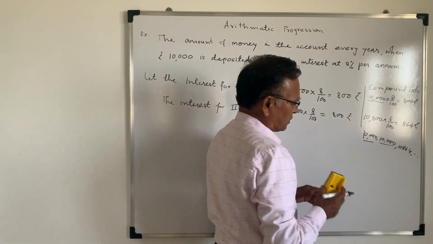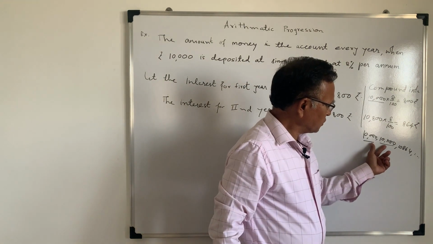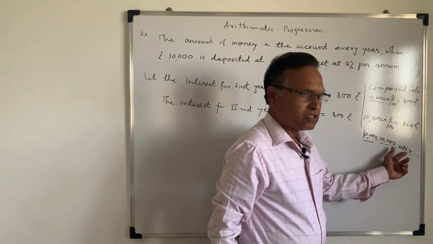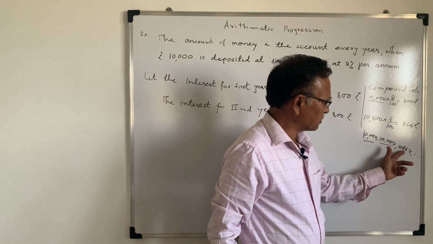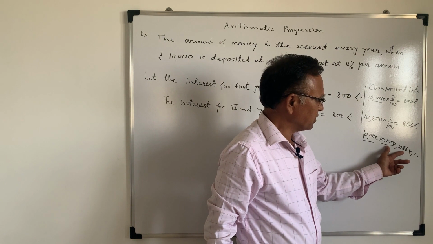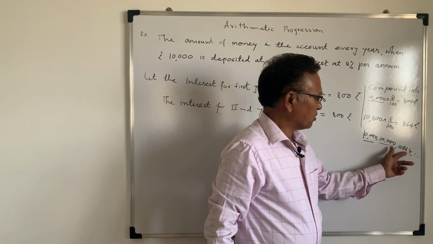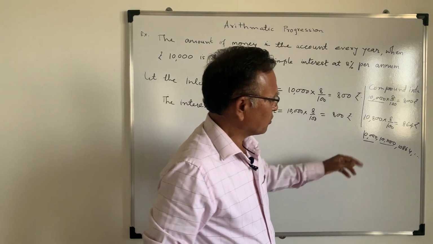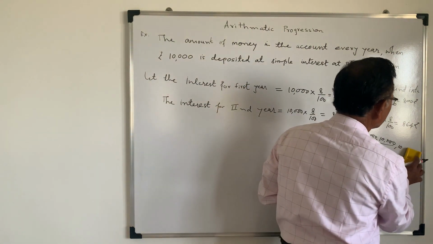So here the difference between these two terms is 800, but the difference between the third term and second term is more, not equal, not 800.